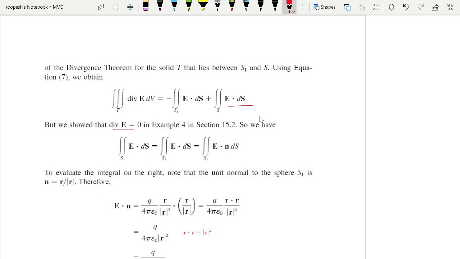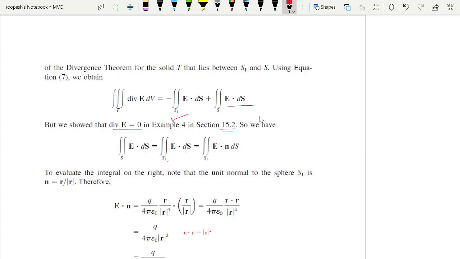Now divergence of E equal to 0. In example 4 we have already seen that it is 0, right? So refer section 15.2. So we have double integral over S E dot ds equal to double integral over S1 E dot ds, that's equal to double integral over S1 E dot n ds.